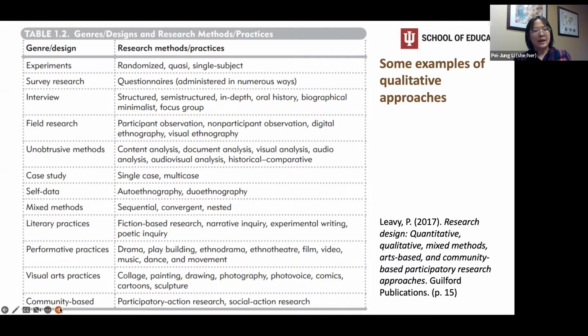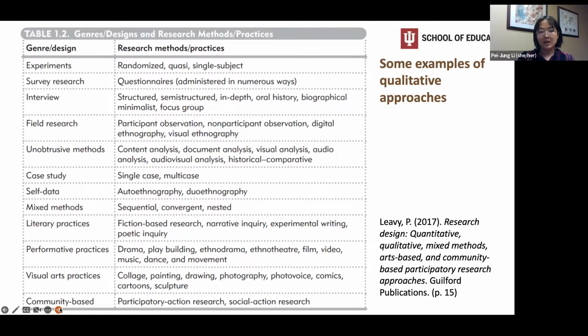Other approaches that are unobtrusive, which are more commonly used in social science, such as content analysis or document analysis, basically mean that you don't need to really work with people, you just work on the documents or the archives. And also case study, which a lot of people have termed their research as.